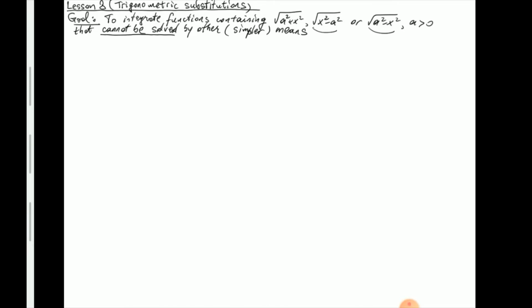At this point, you will learn various methods of integration, and there is a tendency sometimes to use the more complicated method when an easier method will work. So always take a moment, step back, and look at the problem and see if you really need to come up with something fancier, like in this case, trigonometric substitutions, when maybe a quick direct substitution, or maybe integration by parts might work faster.